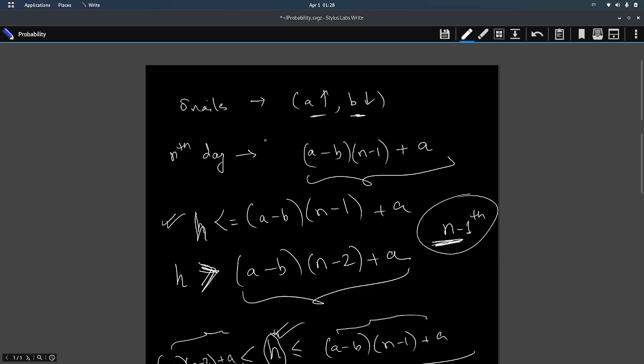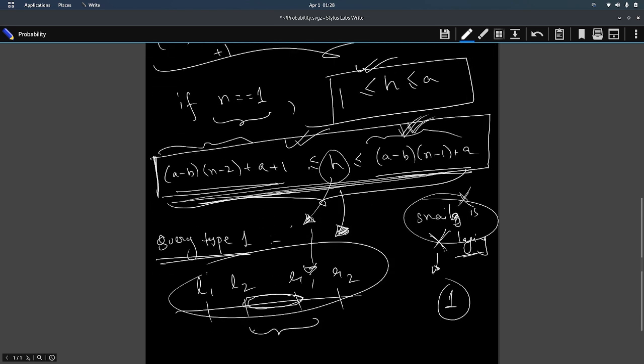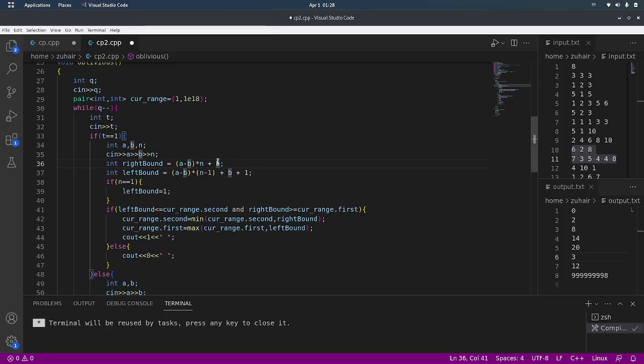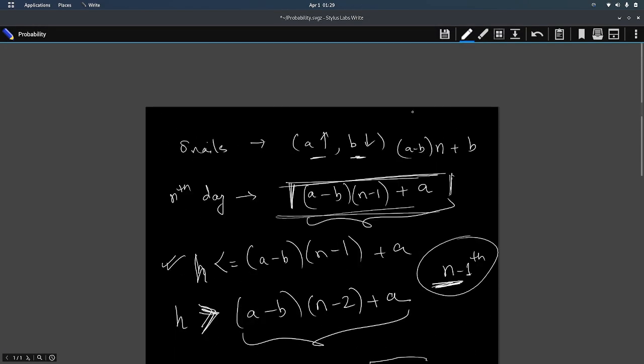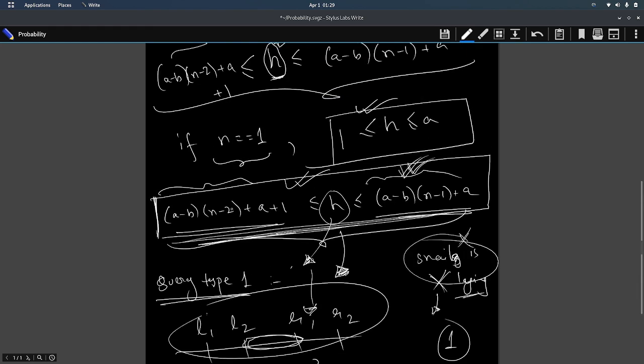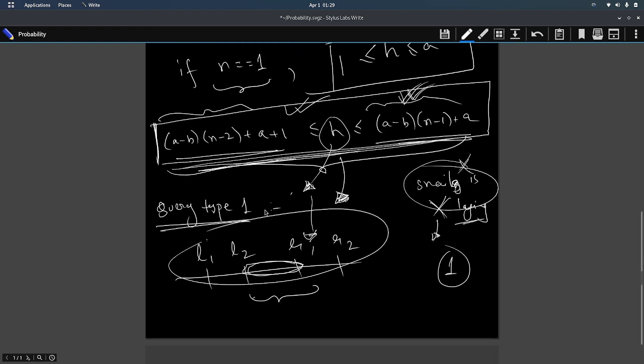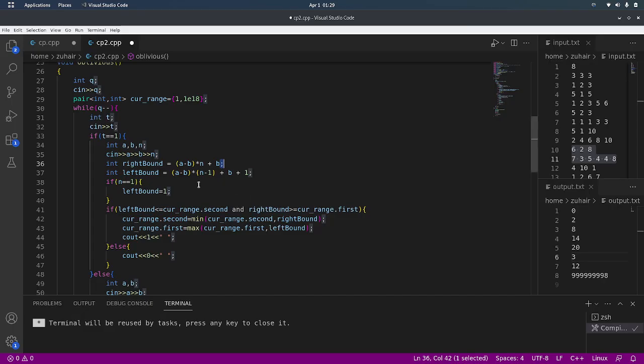This is the maximum which you can climb, right? This can be written as (a minus b) into n plus b. That is what we have written. The expression is the same. Basically here it is b and here that is a, so for the nth day we can write (a minus b) into n plus b. Anyways, it doesn't matter really. It's pretty much the same expression if you do the math.